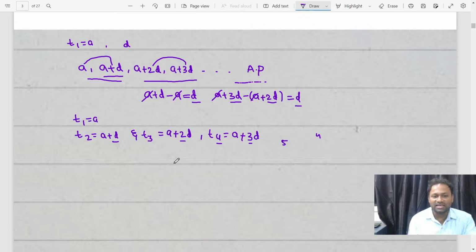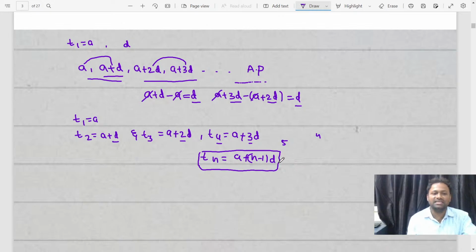In that way, for n, what we get is Tn is equal to A plus n minus 1 into d. So this is called the nth term of the sequence which is in arithmetic progression, right?